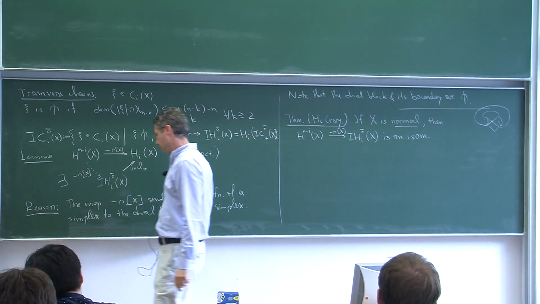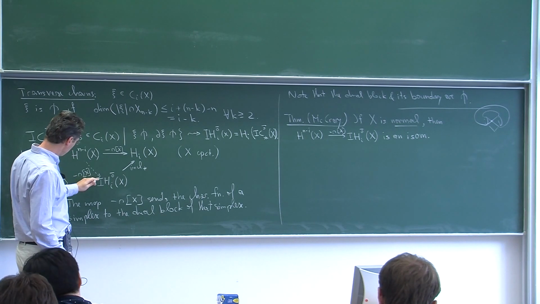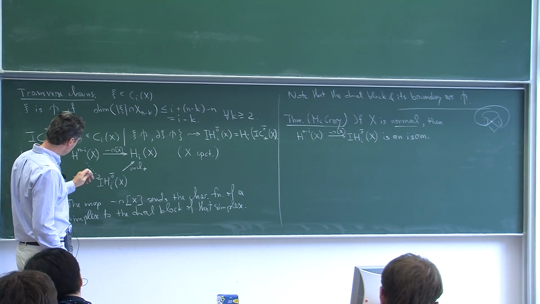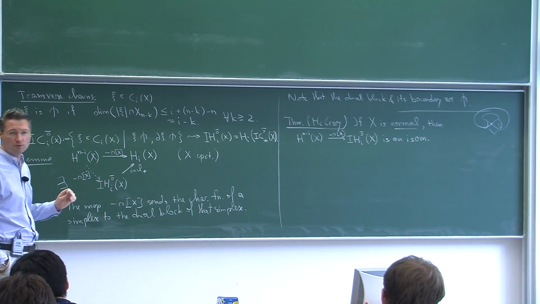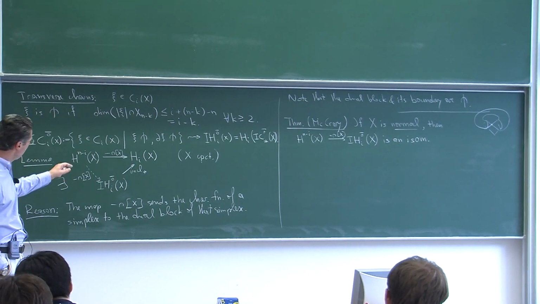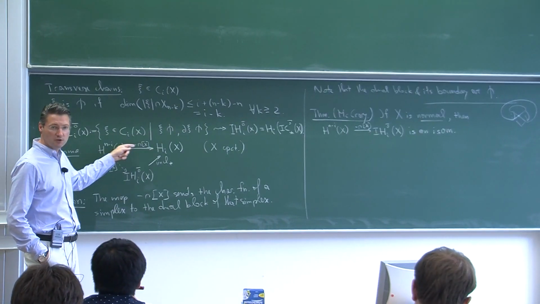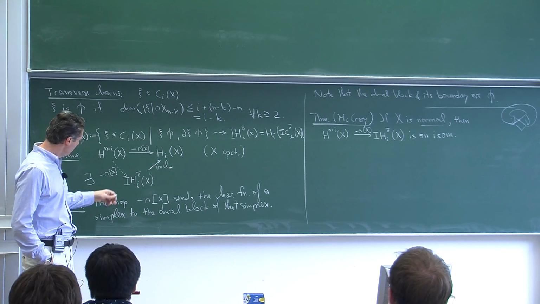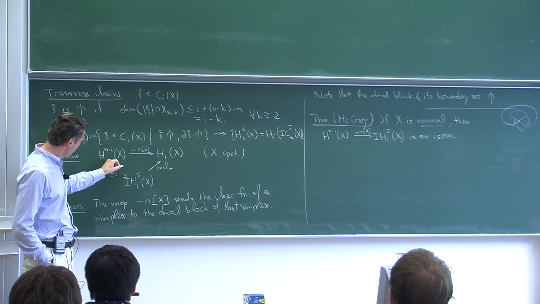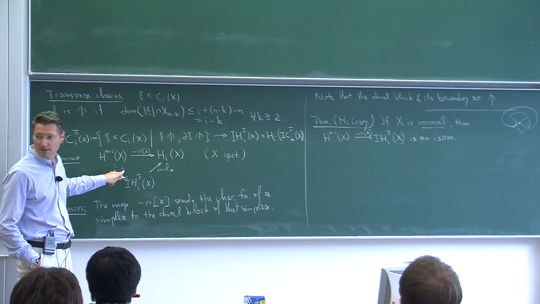This is now rather fascinating because we have a much deeper understanding of what goes wrong with Poincare duality. Poincare duality says, and we've seen this in examples, that this map is not an isomorphism. But now we have this factorization, and at least if X is normal, we are being told that this map is an isomorphism.